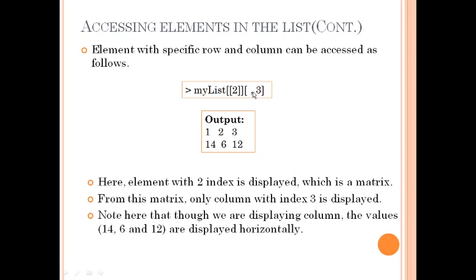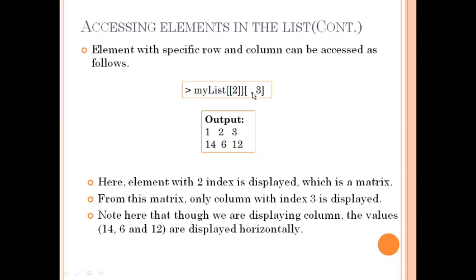Also, we can have some combination of indices to access a particular element. So just see here, what does it mean? My list, this double bracket must be the index of the second element, and as we know the second element is a matrix. So from that matrix I am interested in row 3, column 3.